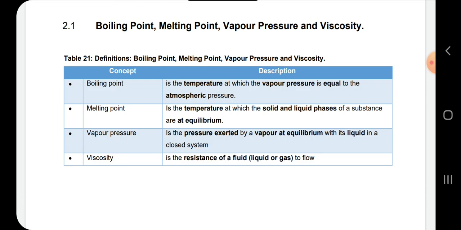Melting point is the temperature at which the solid and liquid phase of a substance are at equilibrium. Vapor pressure is the pressure exerted by a vapor at equilibrium with its liquid in a closed system. And viscosity is the resistance of a fluid, which is liquid or gas, to flow. So you should know these concepts.